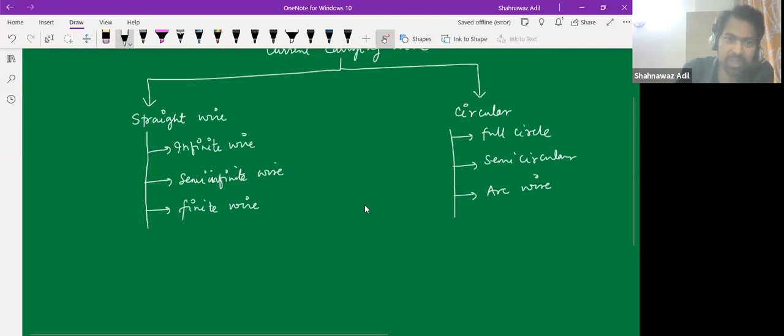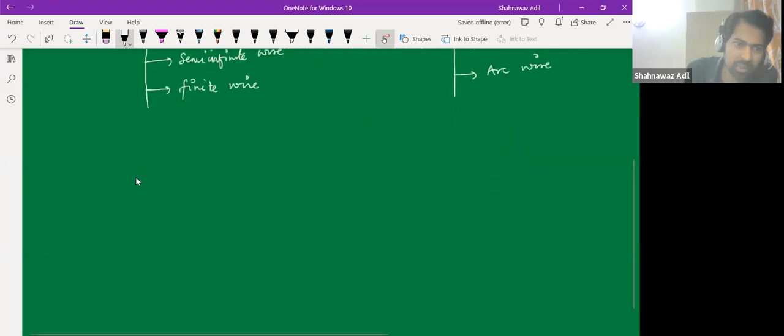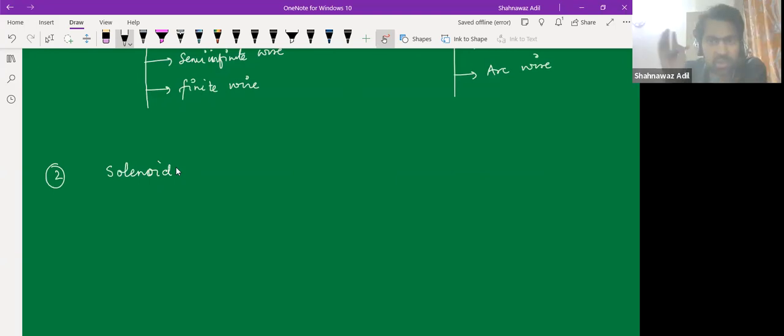And apart from this, what else did we study? The other part that we didn't do was the toroid, right? So we will also talk about this toroid.